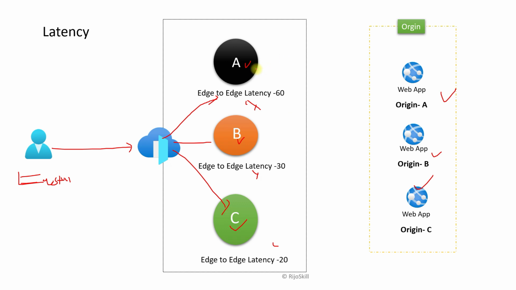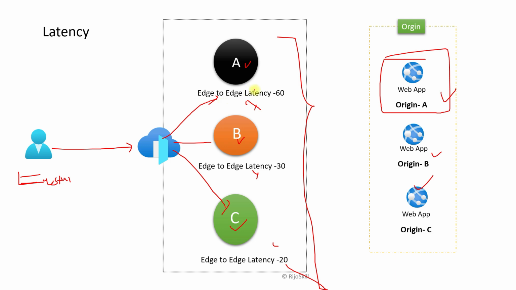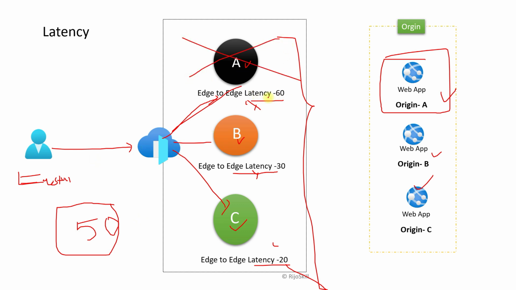Then the traffic needs to pass to web A. When the traffic reaches the edge nodes, one edge node's latency is 16, another is 13, and another is 20. Suppose in the portal you put the latency sensitivity equal to 50 milliseconds. Anything with high latency means loading is very slow, so they will remove it and not route to it.